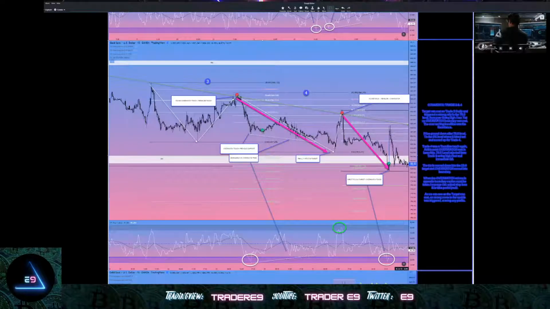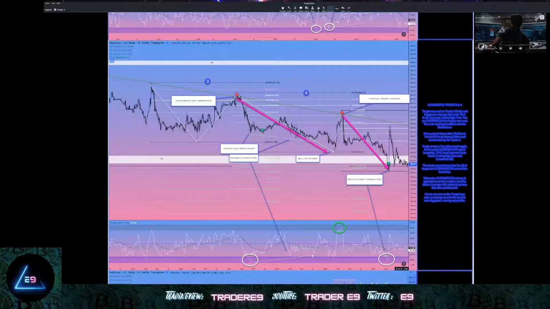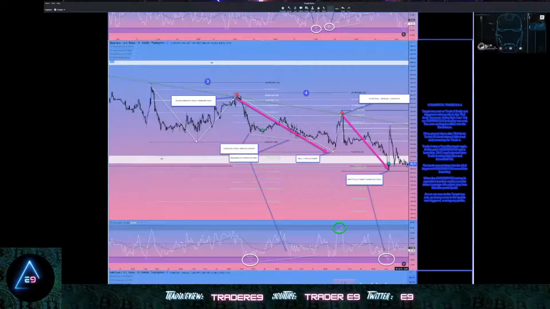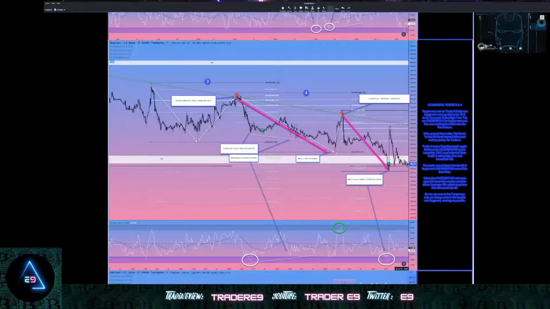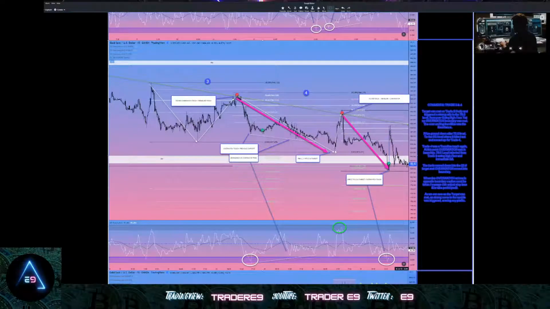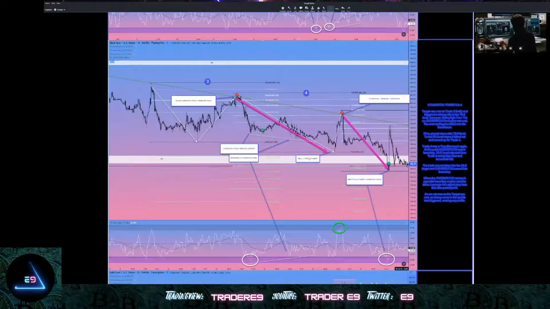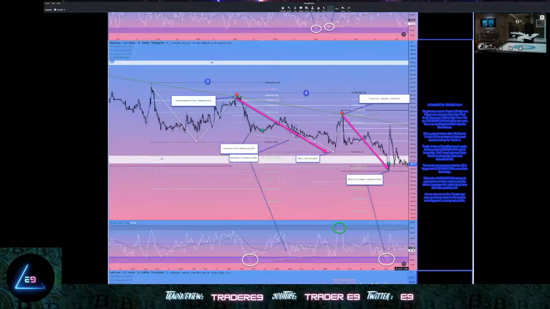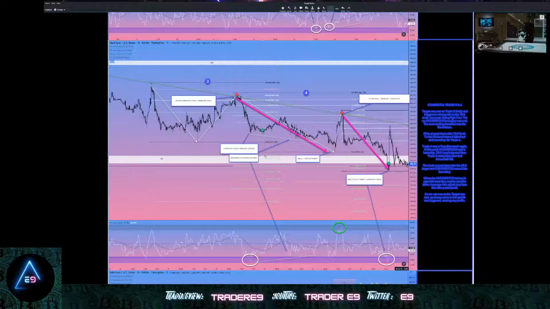Down, up, before it's had a final move down and hit the target. Very close to target.